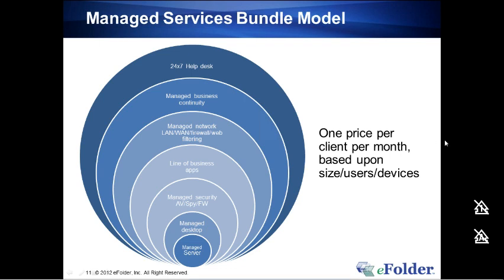The first is what I call the managed services bundle model, and the basic idea here is that you have one price per month per client that handles everything you're doing for them from an outsourced IT perspective, whether it's managed service, managed desktop, managed security, managing their line of business application, managing aspects of their LAN and WAN infrastructure.